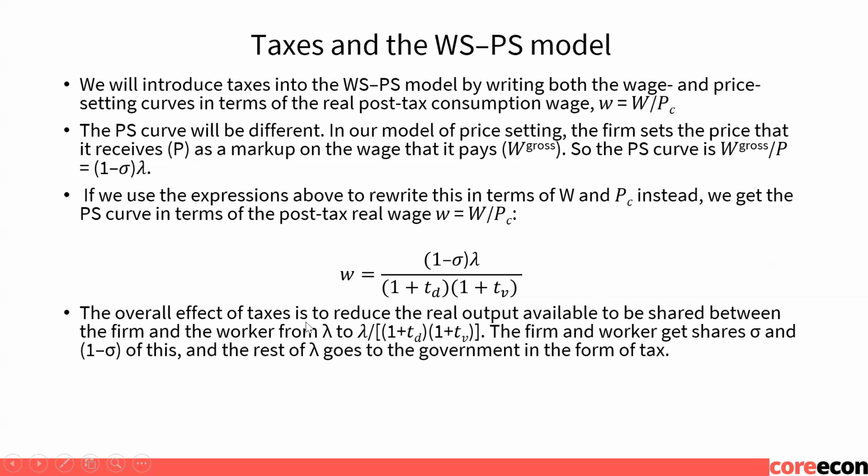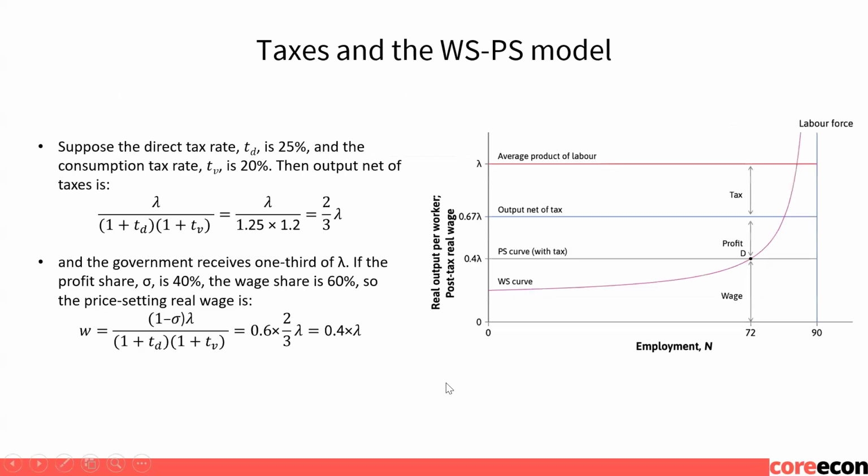The overall effect of taxes is to reduce the real output available to be shared between the firm and the worker from lambda to lambda divided by the product of these two constants. The firm and worker get shares sigma and 1 minus sigma respectively, and the rest of this lambda will go to the government. So what would it look like?